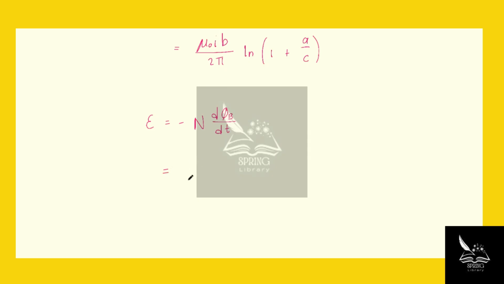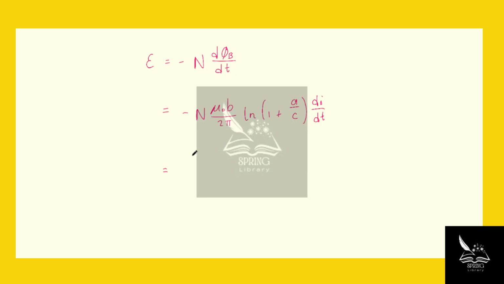And we can write this as minus n times mu naught times b over 2 pi times the natural log of 1 plus a over c, times the only thing that changes with time here, which is the current, so dI dt.